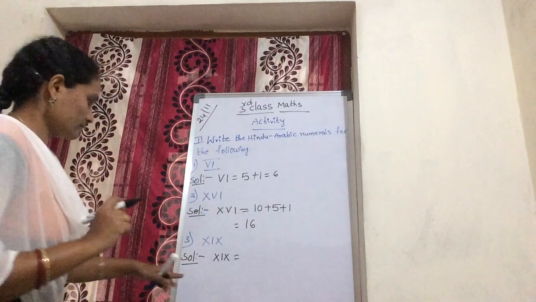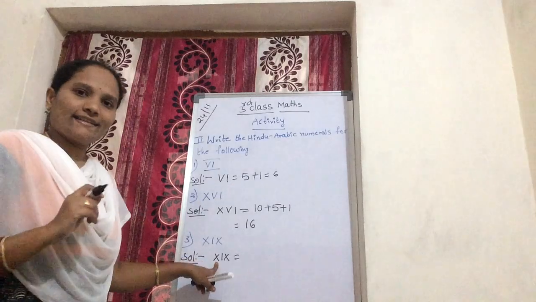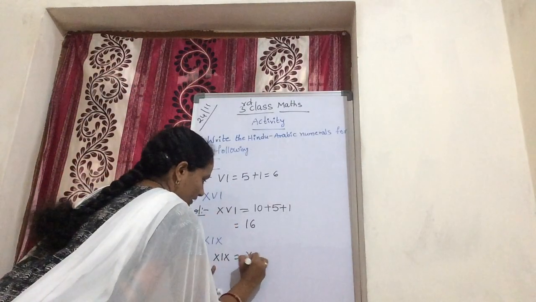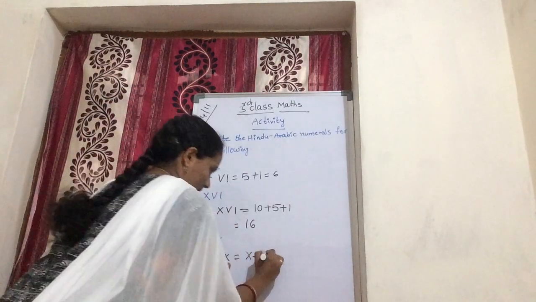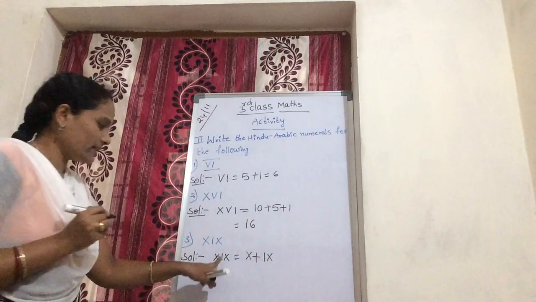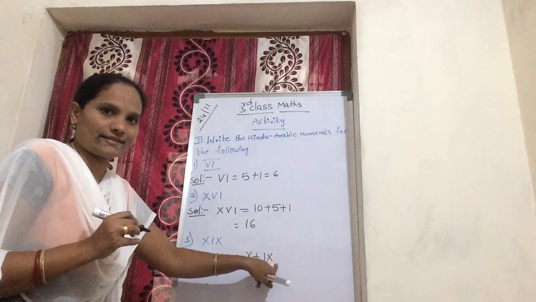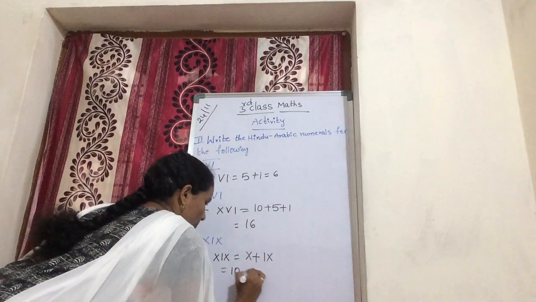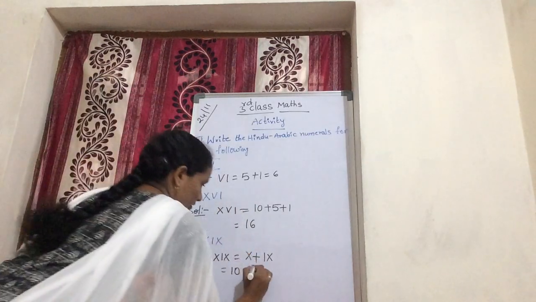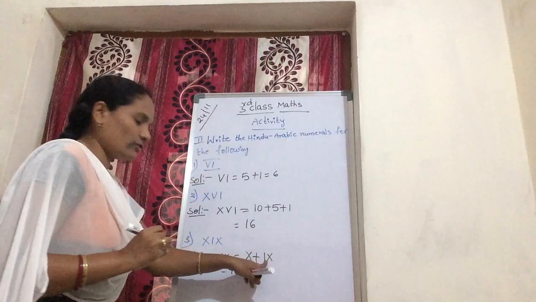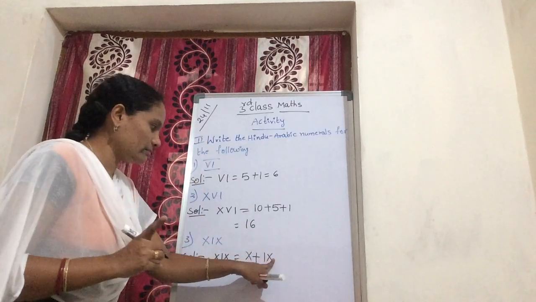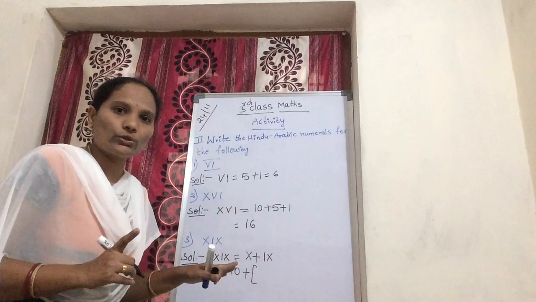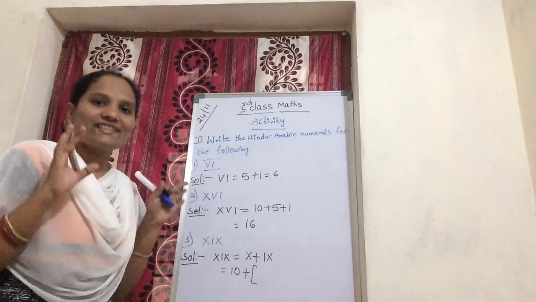Now next. XIX, like this. X plus IX. Now X for what? X for 10. Now plus. Now before X, what comes, Amma? I. Here it comes before. So here are we doing addition or subtraction?